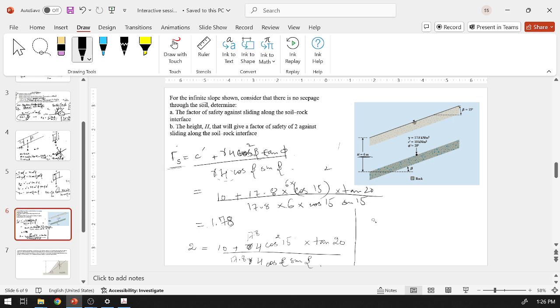8.9 equals 8.9h equals 10 plus 17.8 into cos 15 into cos 15 into tan 20.